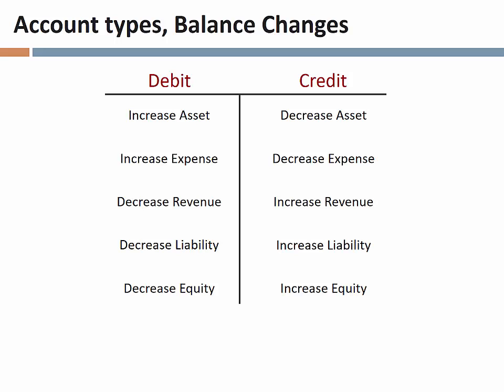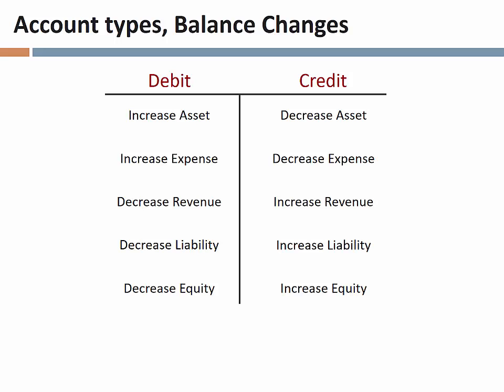So notice the first line. If I'm debiting an asset account, that means I'm increasing the value of the asset. If I credit an asset account, that means I'm decreasing the value of the asset. For an expense, if I debit an expense account, that means I've incurred more expenses. If I credit an expense account, that means I'm reducing the actual expense value. For revenue, if I credit a revenue account, that means I have more revenue.